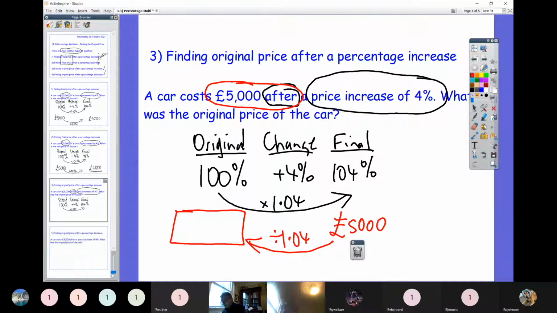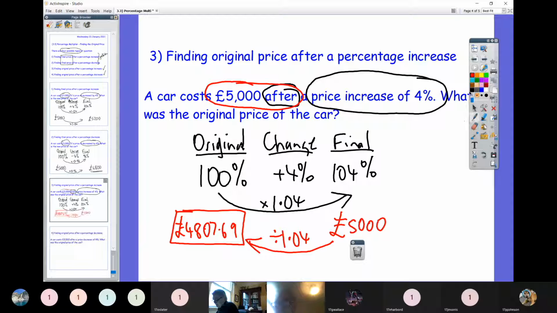So you do £5,000 divided by 1.04, so that's an original price, a weird one, of £4,807.69. So make sure you slot the £5,000 into the final column, because we're going right to left, you're going to divide by the multiplier, not multiply by the multiplier.